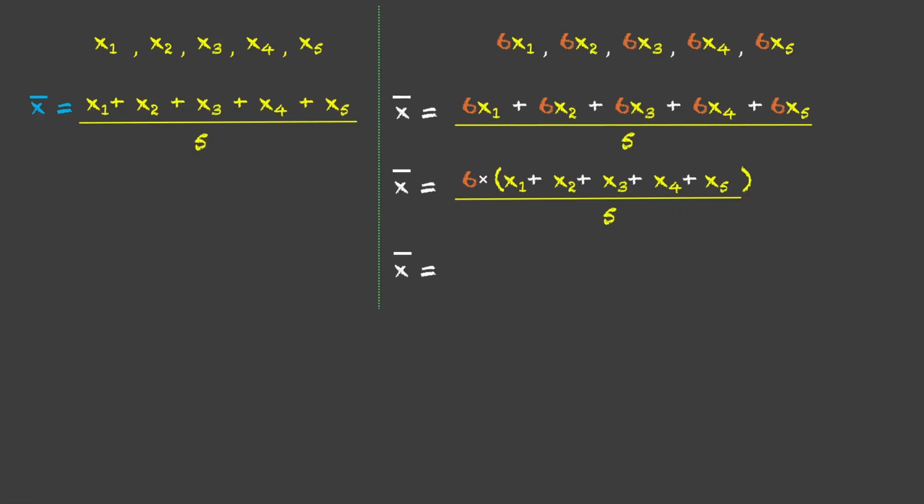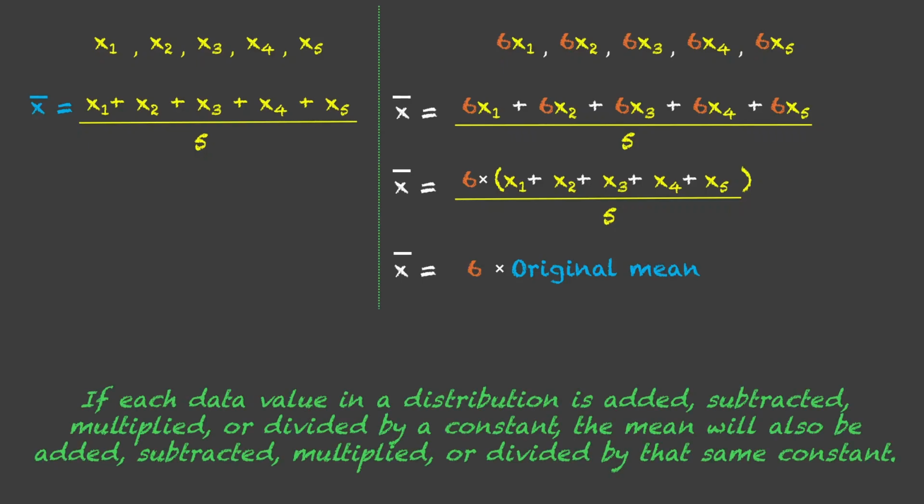So the new mean is the original mean into 6. This is true for subtraction and division as well. So if each data value in a distribution is added, subtracted, multiplied, or divided by a constant, the mean will also be added, subtracted, multiplied, or divided by that same constant.